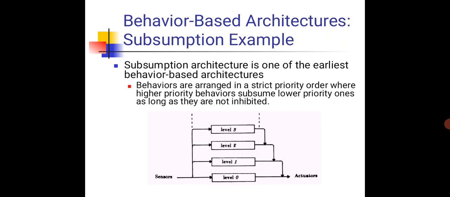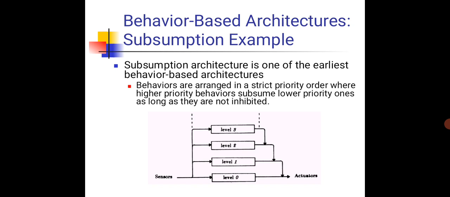These are the four types they have defined, and one of these behavior based architectures is subsumption, which means one layer lies on top of the other. This is one of the earliest behavior based architectures. The behaviors are arranged in a strict priority order, where higher priority behaviors subsume lower priority ones as long as they are not inhibited, from level 0 to level n.